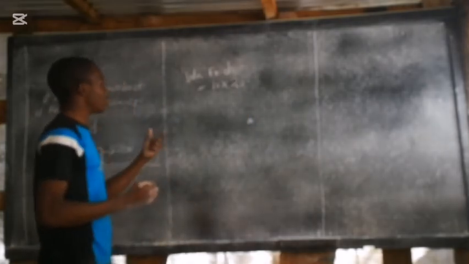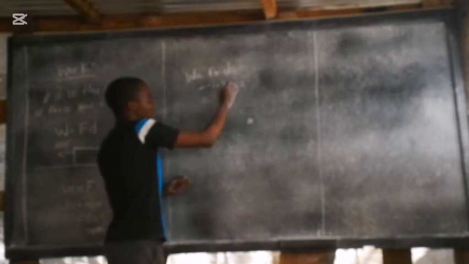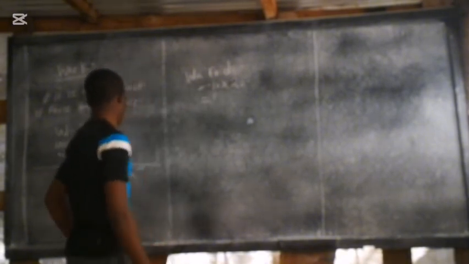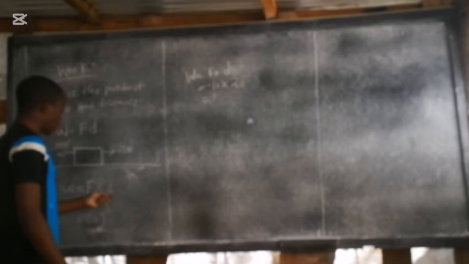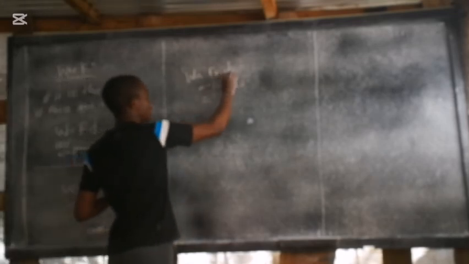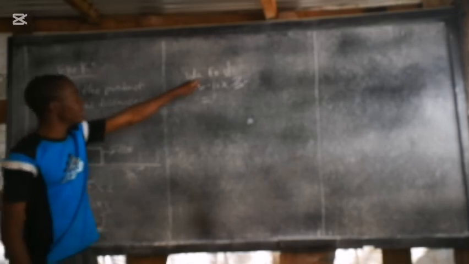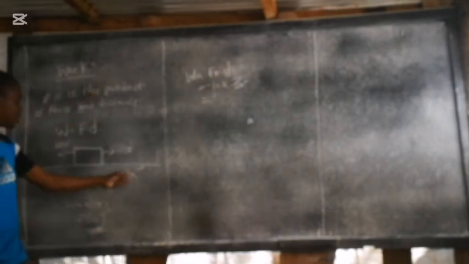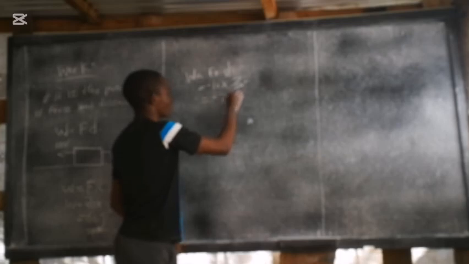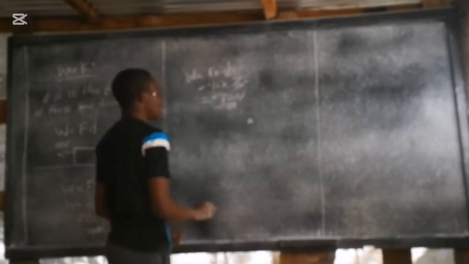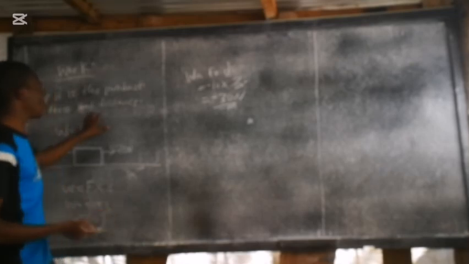Since this is a friction force, we say negative. So we say negative 30 joules.